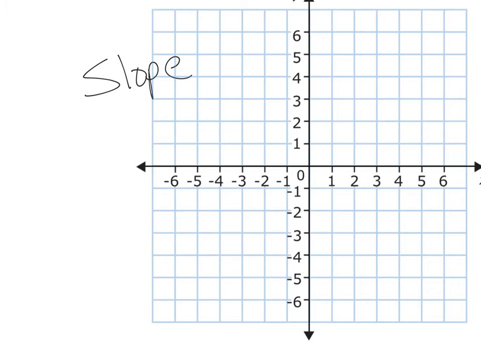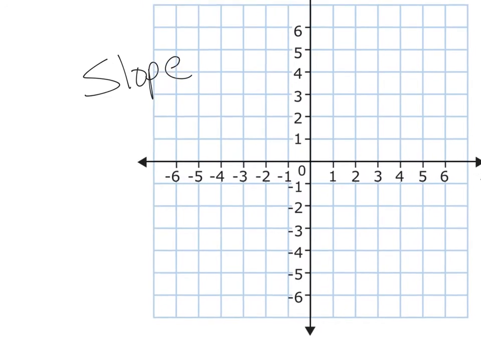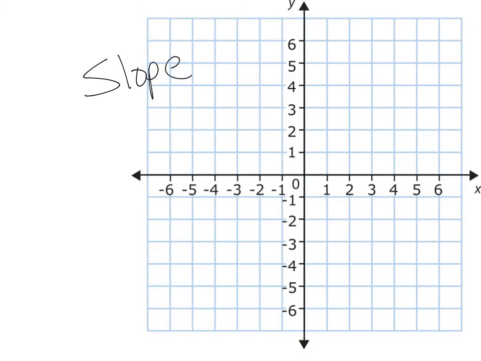So here we have a graph, and we're going to go ahead and put a line on this graph. I'm going to sketch in some points. Actually, let me fix that. Let me make that a little straighter.